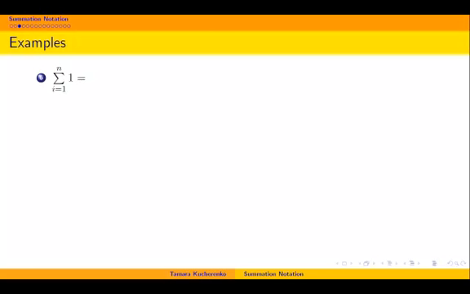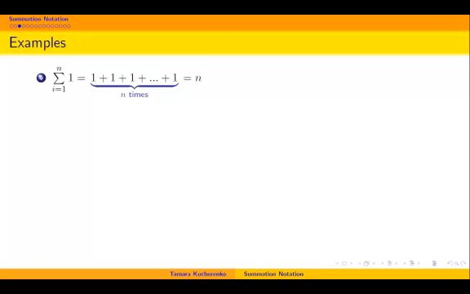The general term of this summation, 1, does not depend on i. Therefore, we just need to add 1 for each value of i from 1 to n. We add 1 n times and obtain n.